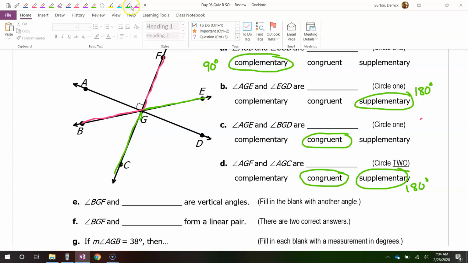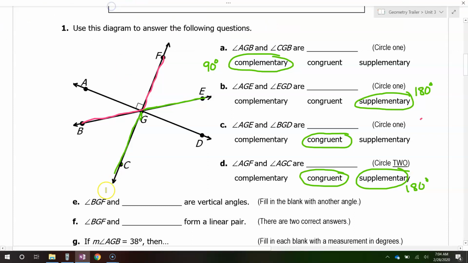So angle BGF, which is this angle right here, is going to be vertical angles. The vertical angle that goes with that is going to be this angle right here that's directly across from it. So these are the vertical angles. You see the X, they're across from each other.